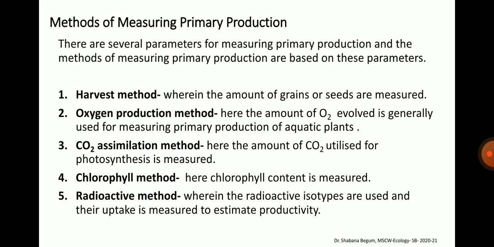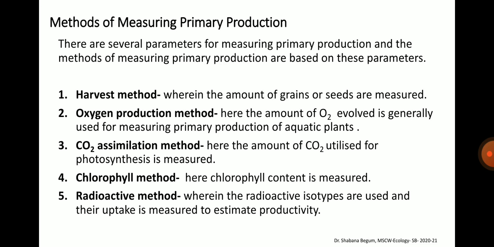There are a number of methods to measure primary production. These are called the harvest method, wherein the amount of grains or seeds is measured. Oxygen production method: here, the amount of oxygen evolved is generally used for measuring primary production of aquatic plants.